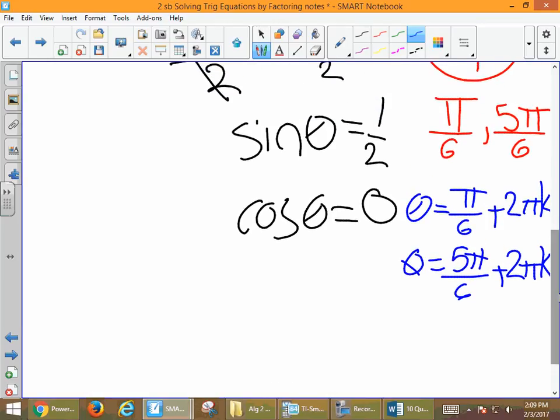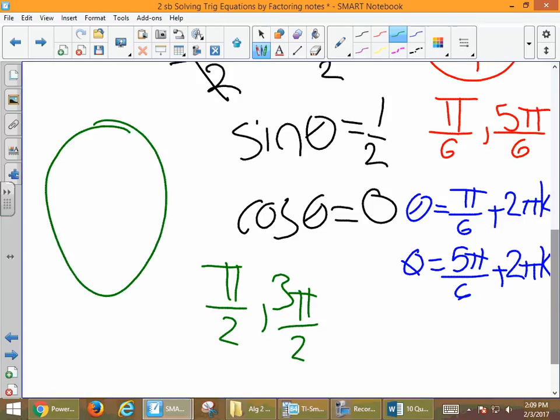But we still have cosine of theta equals 0. So when is cosine of theta equals 0? Pi over 2 and 3 pi over 2. So just like our last problem, that's a very oblong unit circle, but our pi over 2 is at the top, and 3 pi over 2 is at the bottom.